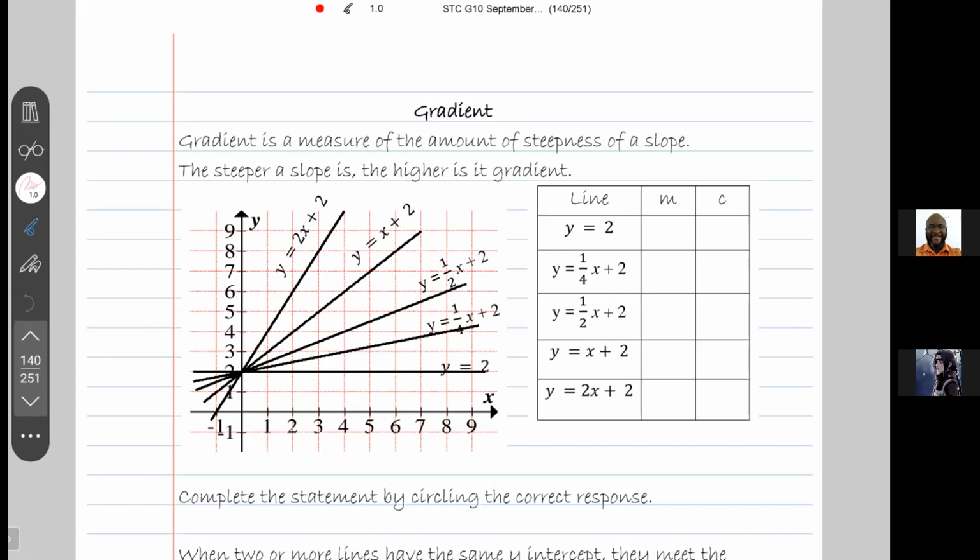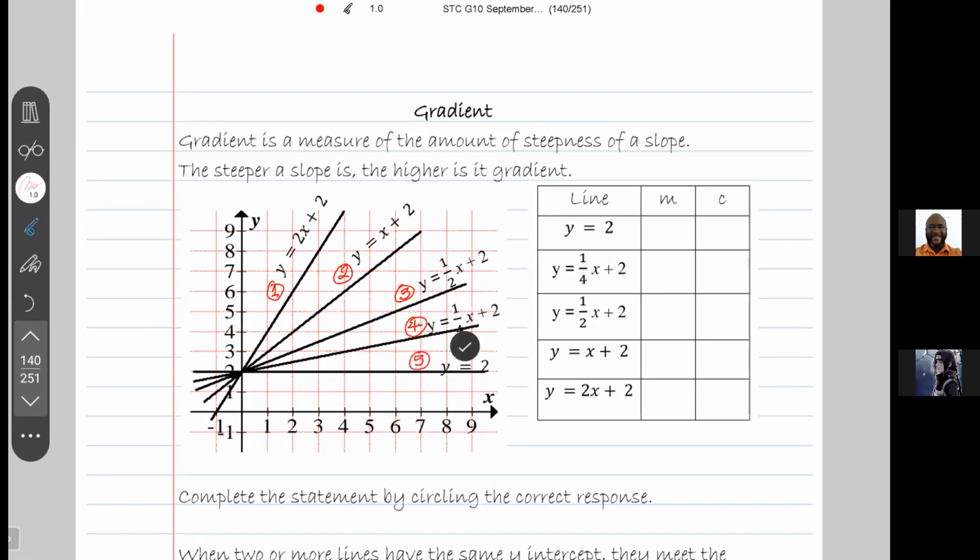Guys, here are some lines. I'm going to put numbers to them. So this is number 1, number 2, line number 3, line number 4, and line number 5.